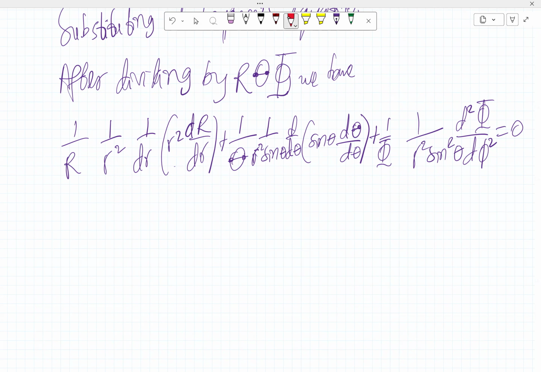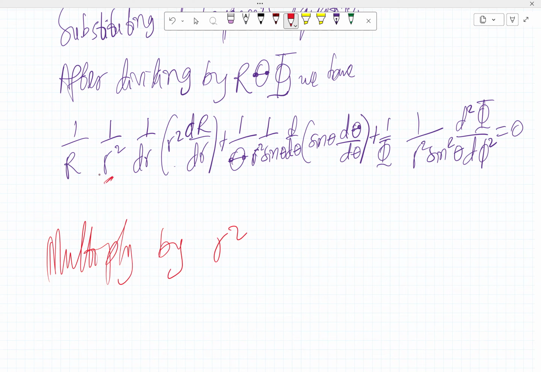So the next thing is we multiply by small r squared, so it can go out of this place.